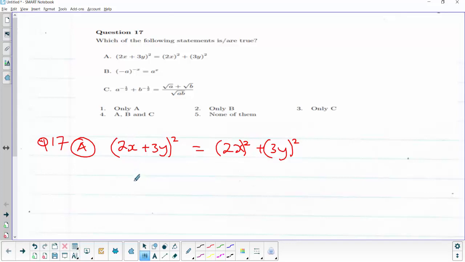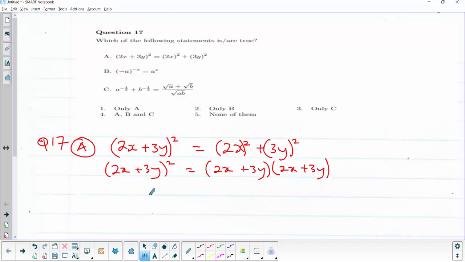So let us start from (2x + 3y) all squared, which is the same thing as (2x + 3y) into (2x + 3y).